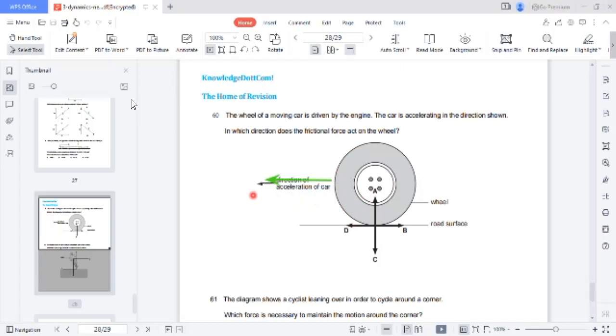If we just focus on the wheel, the wheel would be rotating like this, in an anti-clockwise direction.